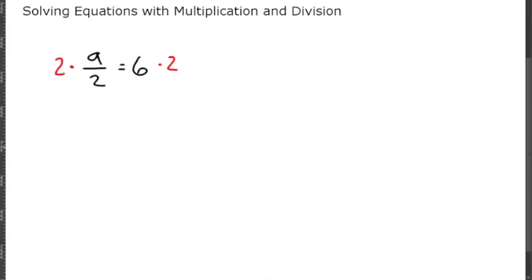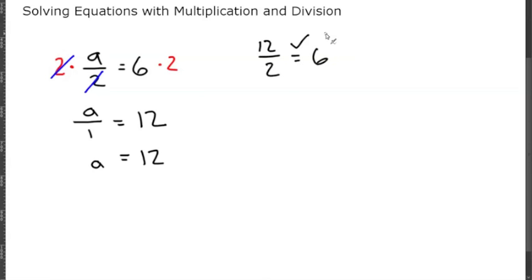But look at this. 2 divided by 2 is just 1. So we know that a divided by 1 is equal to 6 times 2, which is 12. But we know that any number divided by 1 is just the same number. So a is equal to 12. Let's double check that. Let's plug 12 in for a.